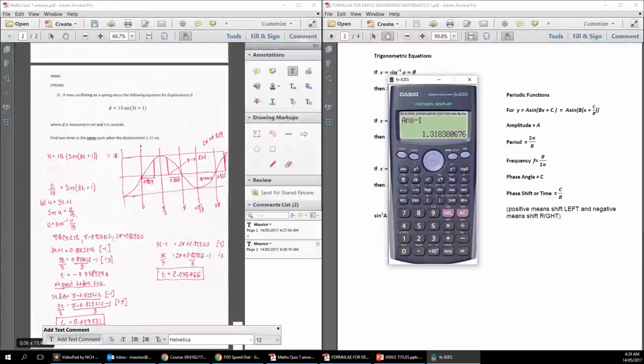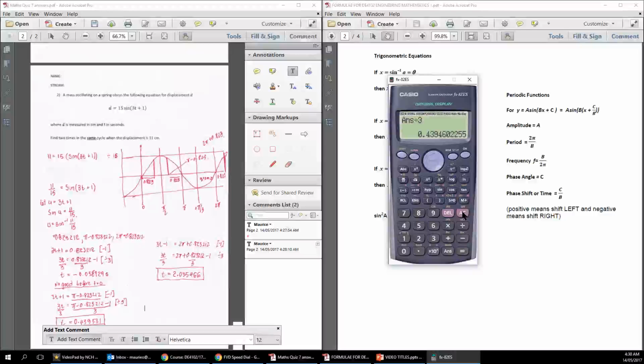So it's 3t plus 1 equals pi minus that, minus 0.1 is 3t, so divide through by 3, and then divide 3 equals 0.439460, 439,531.